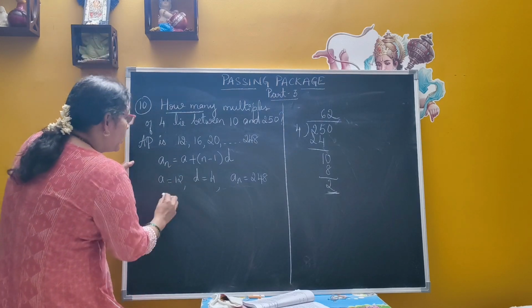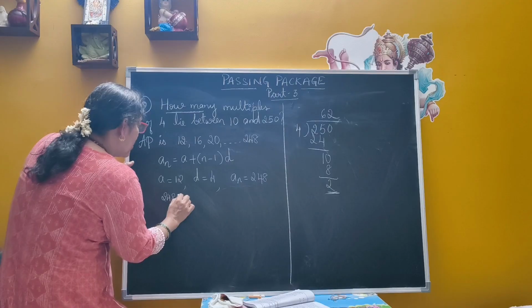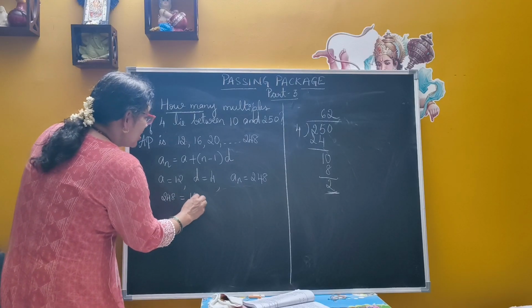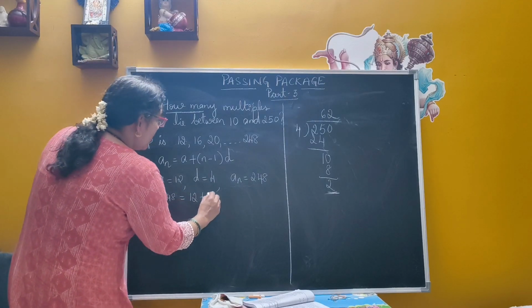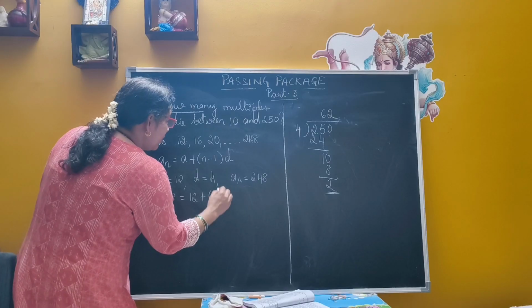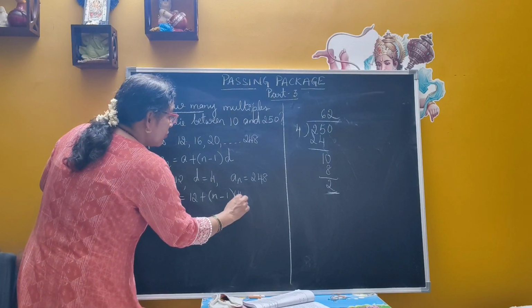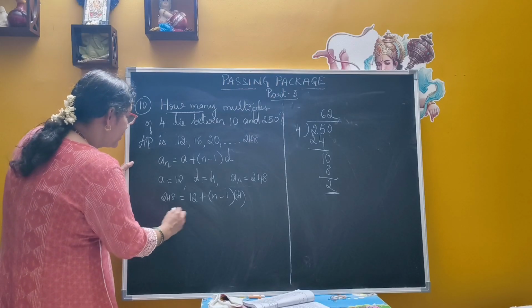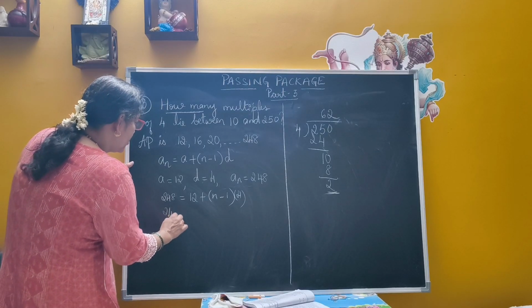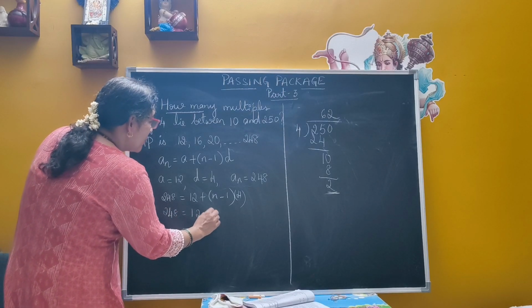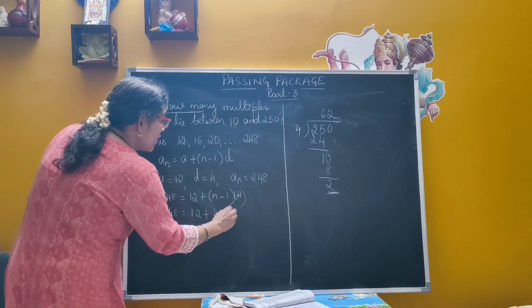So here a_n, 248, is equal to 12 plus (n minus 1) into d, where d is 4. Simplify this now. 248 is equal to 12 plus 4n minus 4.